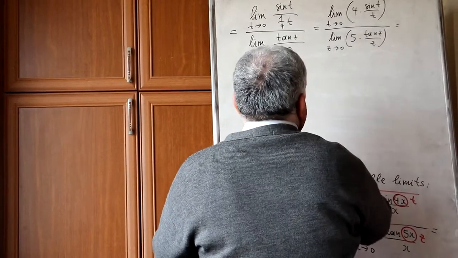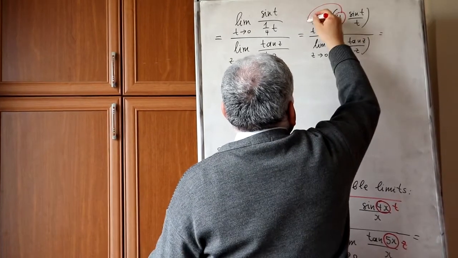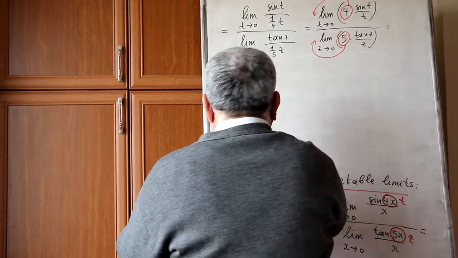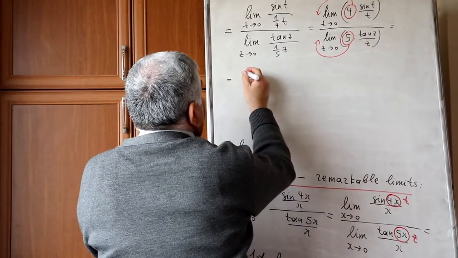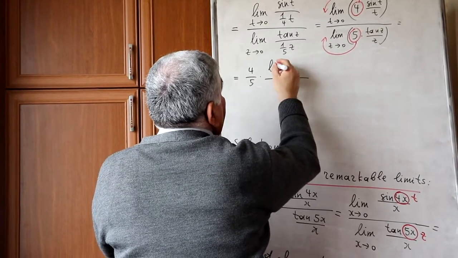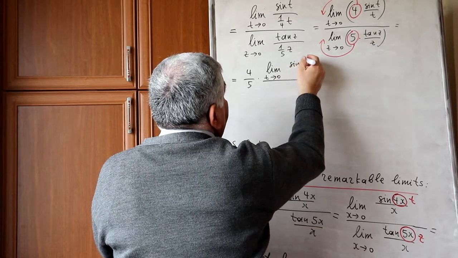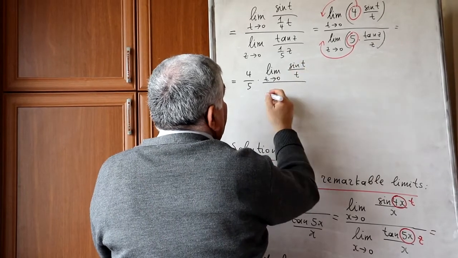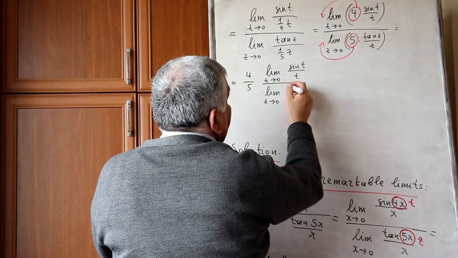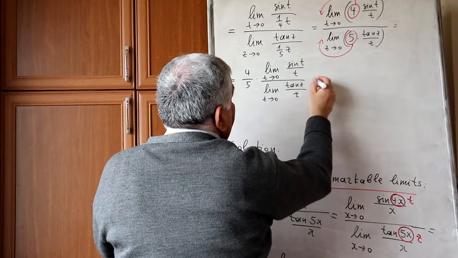Then we can take 4 and 5 out of the limit symbols, equals 4/5 multiplied by limit when t tends to 0 of sine t over t divided by limit when z tends to 0 of tangent z divided by z.